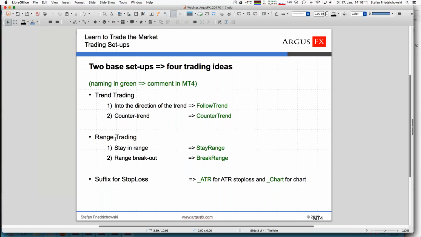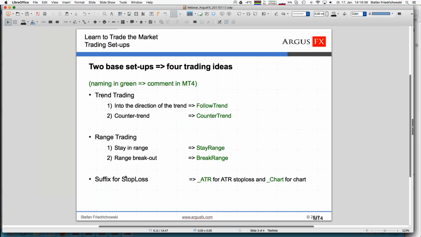And then we label that trade break range. So it's only an abbreviation, more or less, to have those four names: follow trend, counter trend, stay range, and break range. And we will use those labels for comments in MT4 in order to later still know what kind of trade we have done.